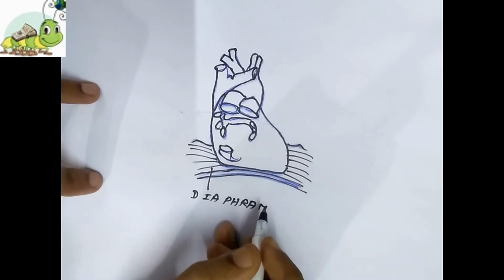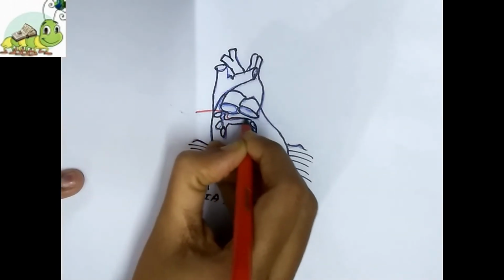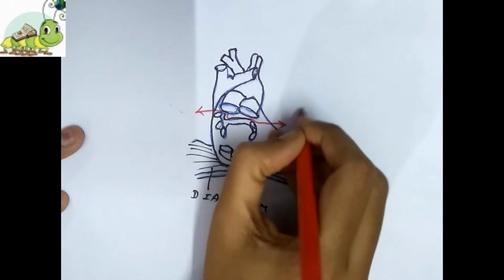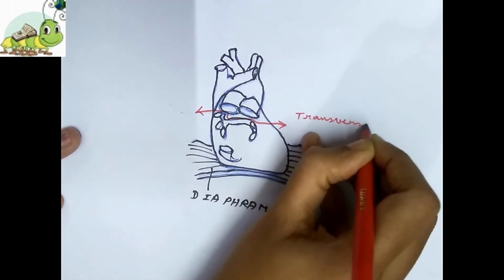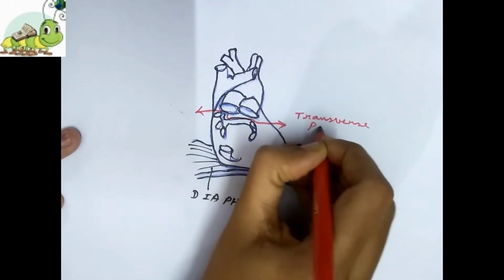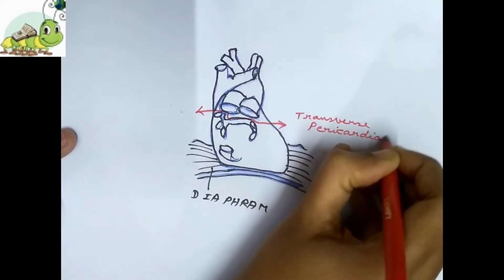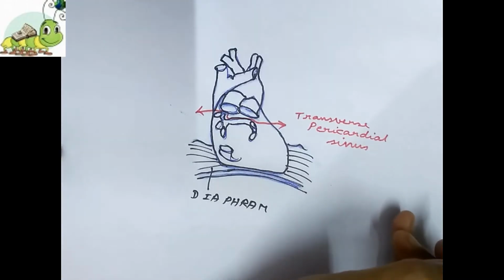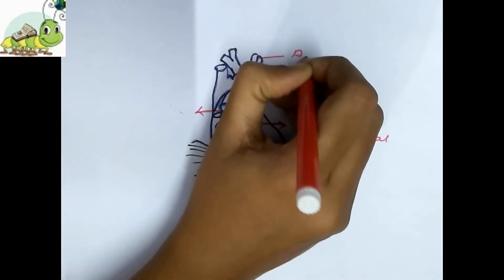The location of the transverse pericardial sinus is posterior to the ascending aorta and pulmonary trunk, anterior to the superior vena cava, superior to the left atrium. In this position, the transverse pericardial sinus separates the arterial vessels, meaning the aorta and pulmonary trunk, and the venous vessels, meaning the superior vena cava and pulmonary veins of the heart.